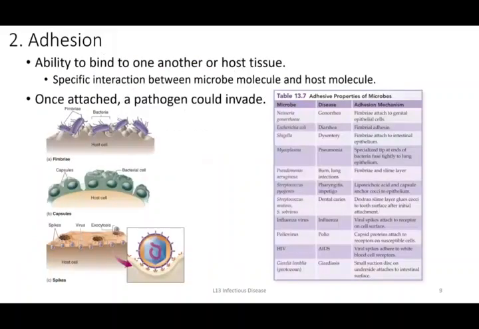So now we get to that second step, the ability to attach or bind. And this is going to be very much driven by one category of virulence factor, as we mentioned. It's the ability to bind to one another, so bacteria binding to bacteria, sticking to one another, and/or binding to host tissue.